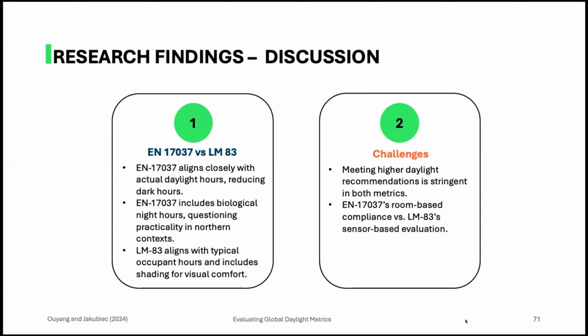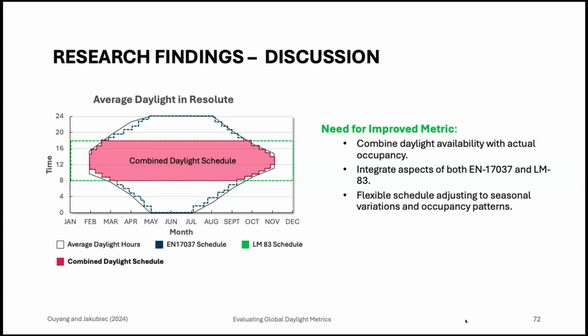EN 17037's room-based compliance approach contrasts with LM83's sensor-based evaluation, which might better capture the nuanced daylighting needs of diverse spaces. The findings also highlight the need to develop an improved daylighting metric that harmonizes daylight availability with actual occupancy.